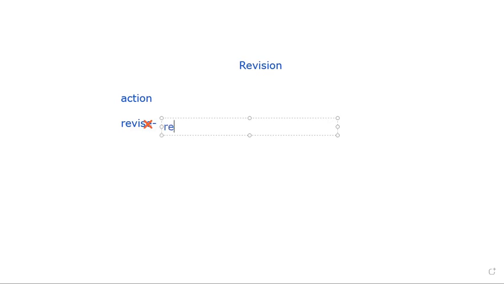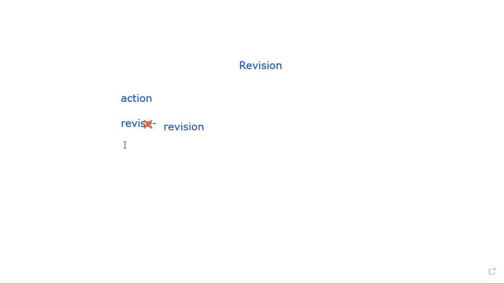So it's going to be revision. So if the word is ending with an E, we cross the E and we put ION after the S. So it changes from revise the verb to revision the noun.